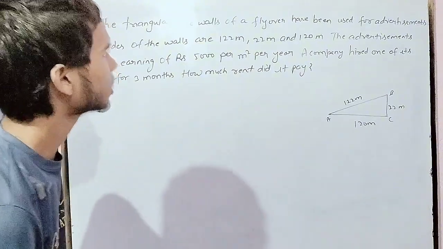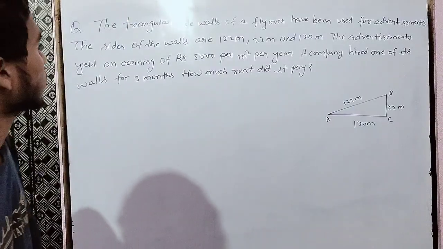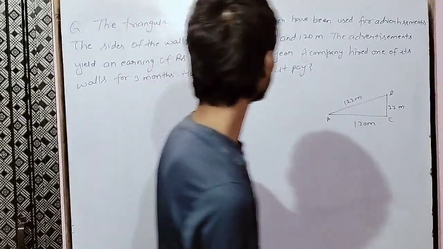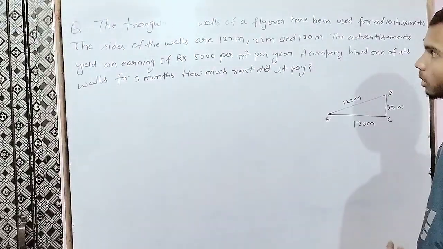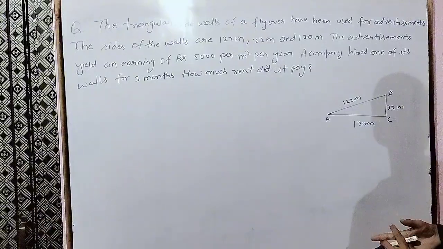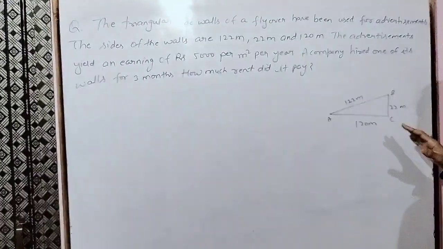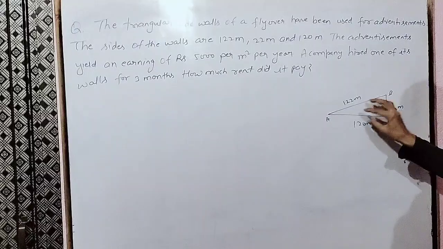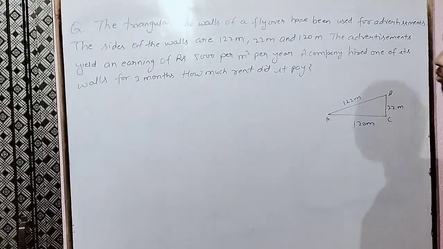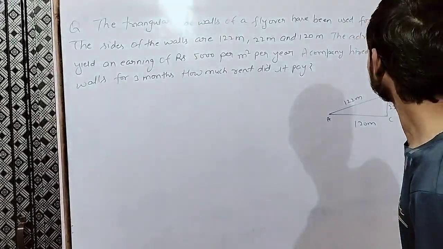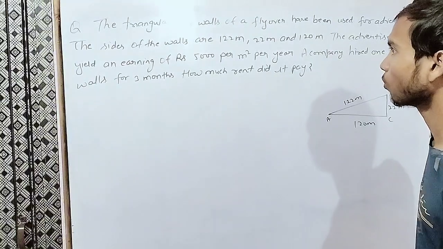The next sentence is saying the advertisement yield earning rupees 5,000 per meter square per year. So a company hired one of these walls for 3 months.